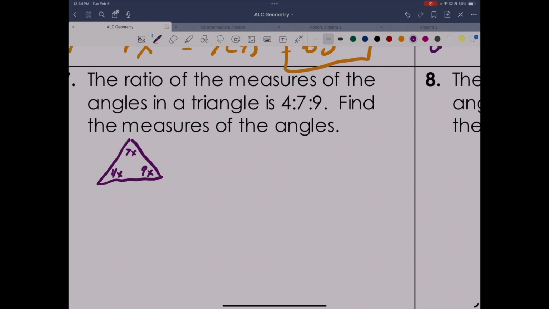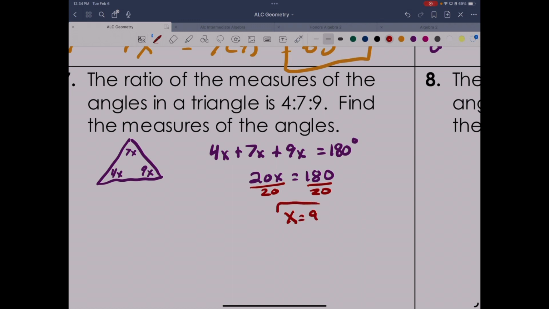What do the interior angles of a triangle have to add up to? 180. So we're going to take 4x plus 7x plus 9x, and that's going to equal 180 degrees. Combine like terms, 4 plus 7 plus 9, that's 20. So 20x equals 180. Divide by 20.